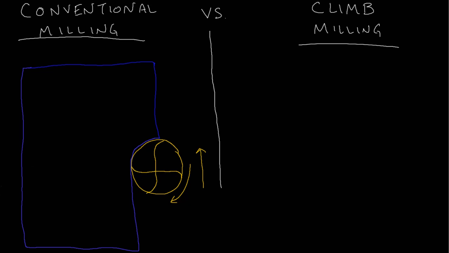So what you'll see in conventional milling is the cut that it's going to take is going to look like that. And so it starts out with a rubbing action with cutting almost no material and progressively getting larger and larger.